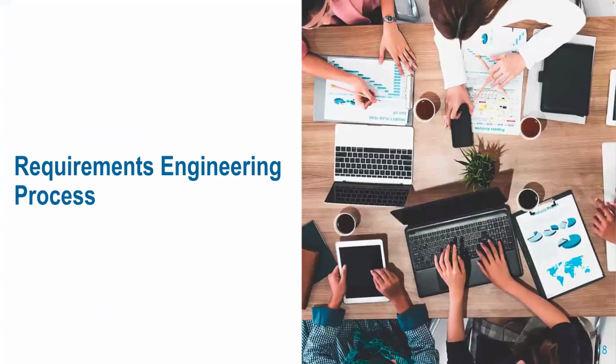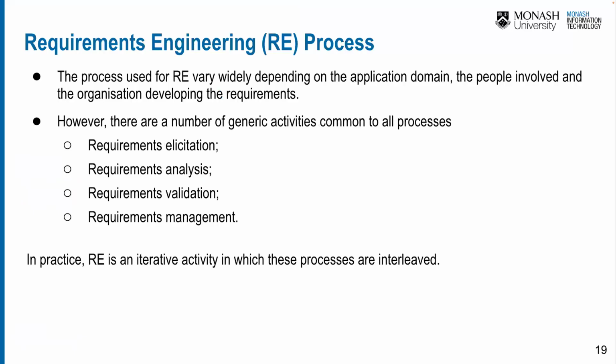Okay. Yeah, so we already talked about what exactly is the requirement. And then next step, we're going to talk about the process, right? How to elicit the requirement. What is the requirement engineering process as well? What are the steps that we need to do to create the most effective requirements so the development team can start doing the development for the product.